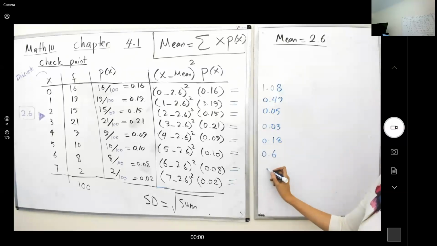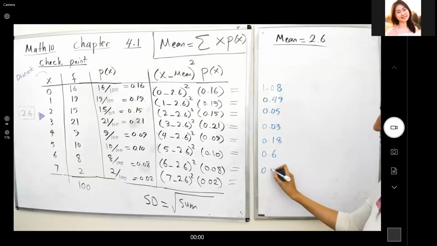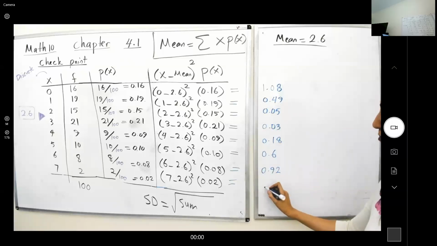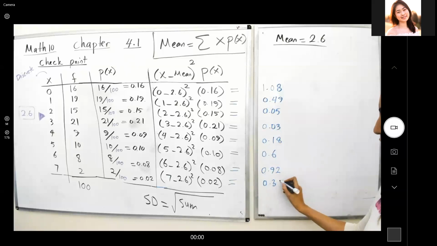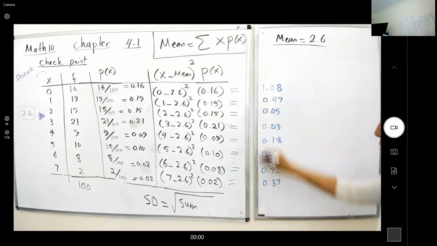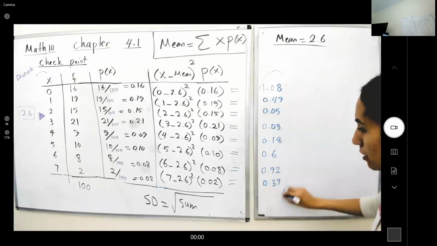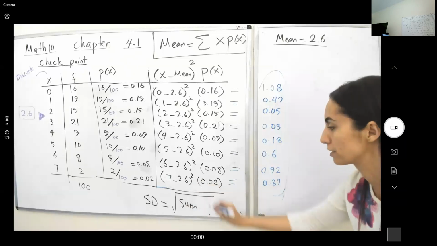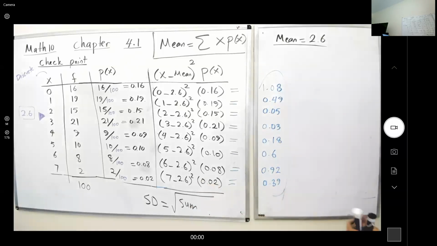And then 2 more. 0.92. Finally, 0.39. Now you're going to add all of these together, the sum, then take the square root to get your standard deviation.